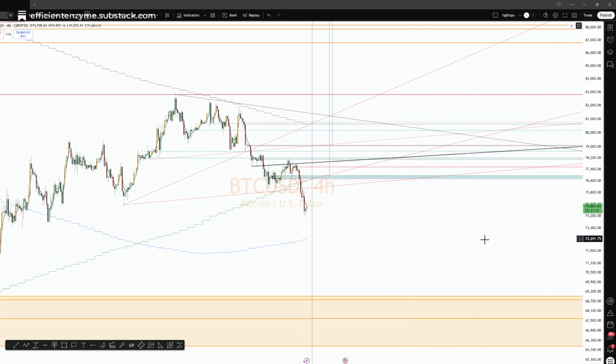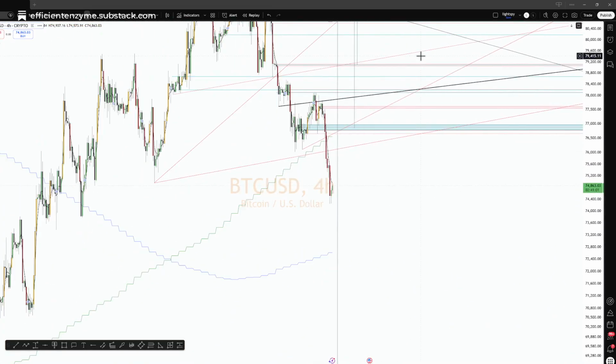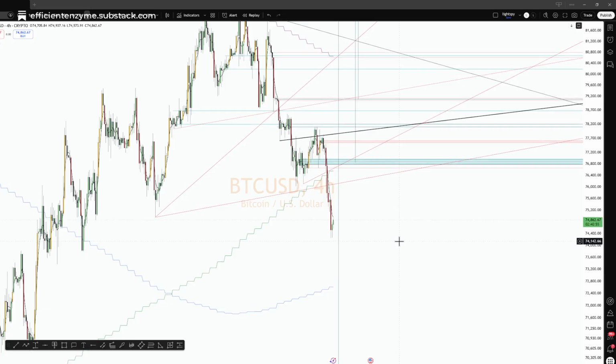If you're nervous about this position, know that we've been doing this for a while. People who have been with me for years have been through these, where we buy scary red wicks, and we've been doing this for years now. If you're new and you're thinking, should I stop out because it went 500 below my buy, or 1% or 0.5%, welcome.